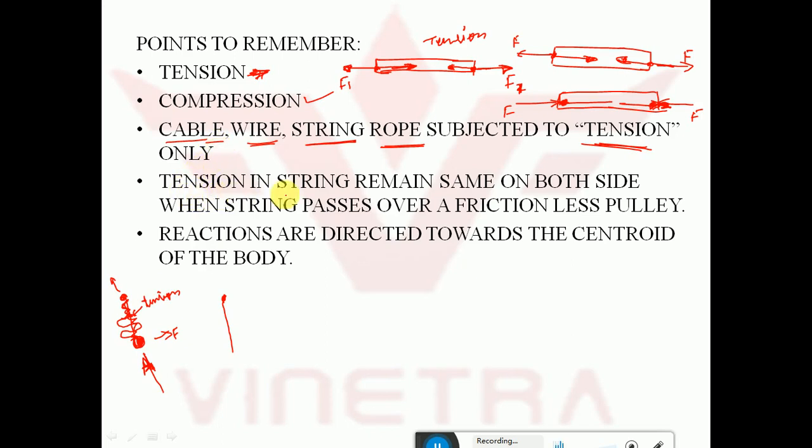Next, the tension in the string remains the same on both sides when the string passes over a frictionless pulley.